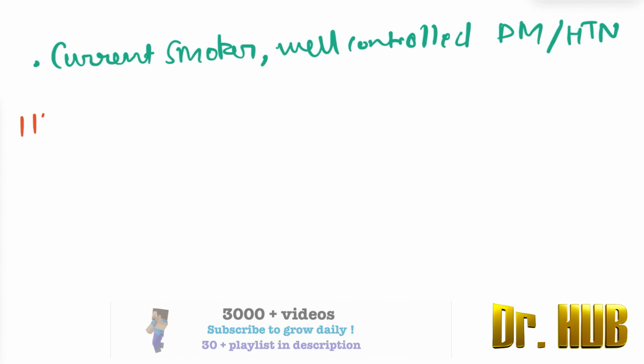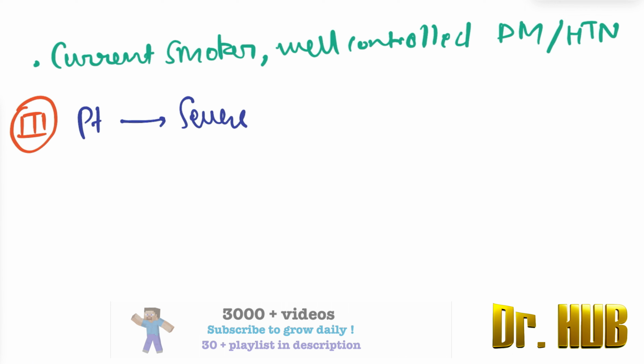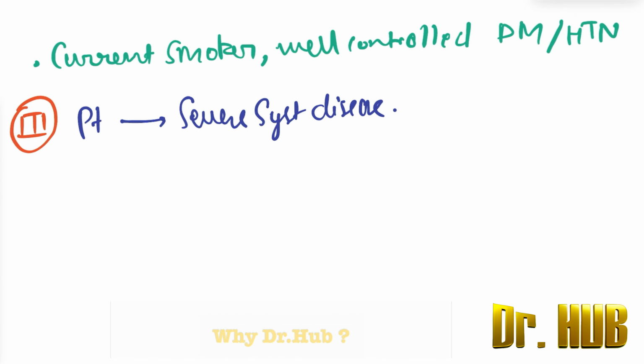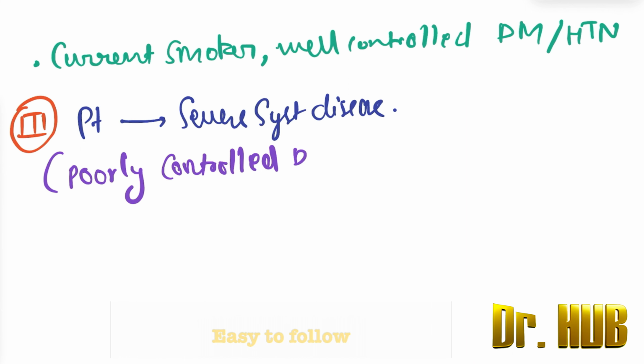Next we move on to class 3. In class 3, there is a patient with severe systemic disease, and the examples include poorly controlled DM, diabetes mellitus, as well as hypertension.